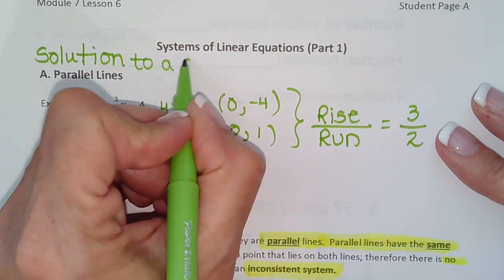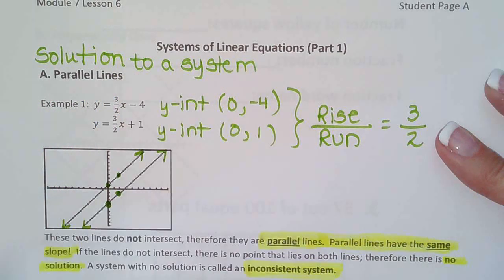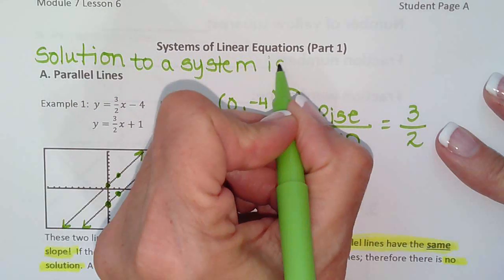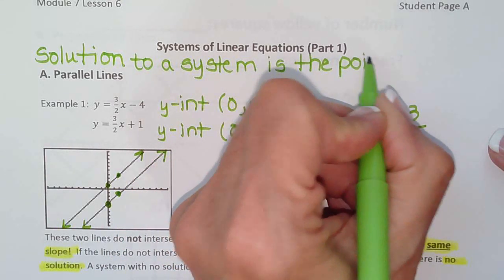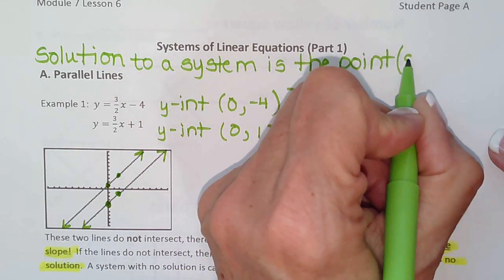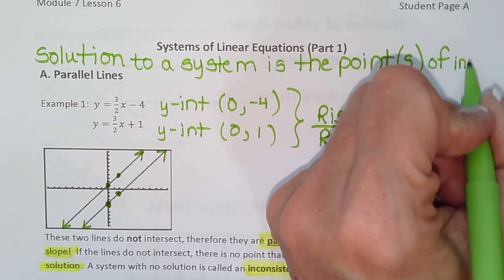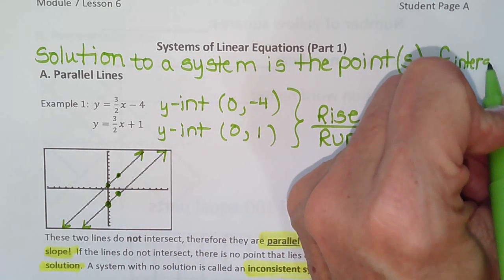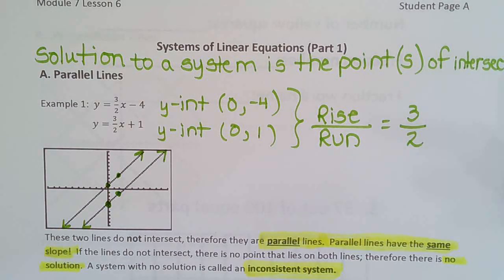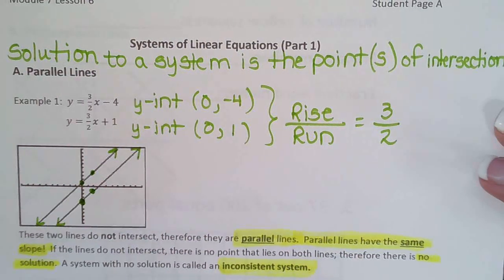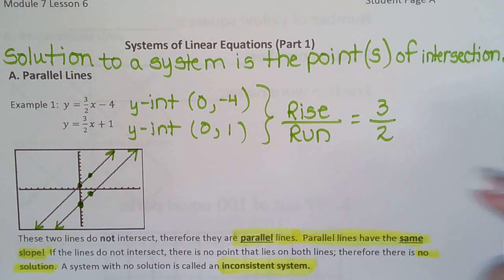To a system is the point or points of intersection. Wonder if I can squeeze that in. Intersection. Barely.